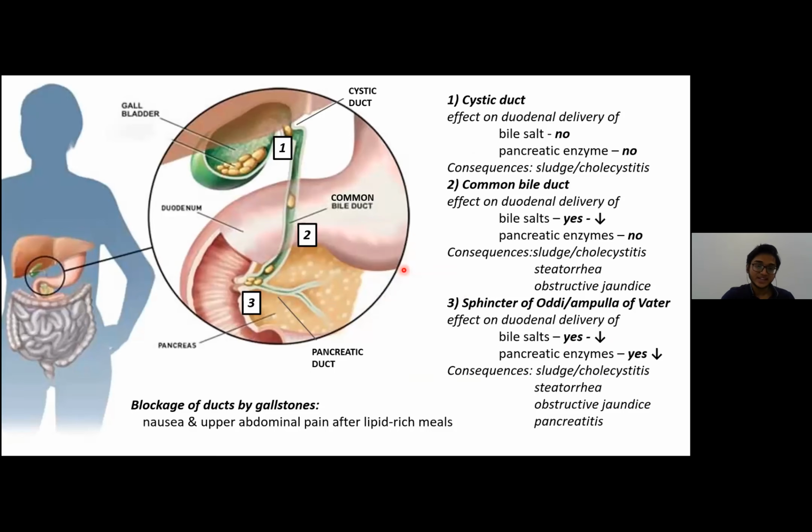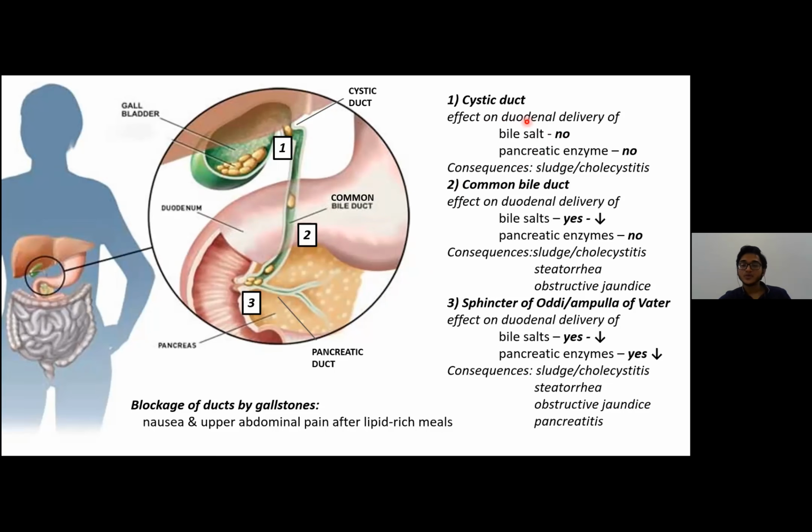This is the last slide. Now, depending on where the gallstone is stuck, the patient will present to you differently, okay? So if the gallstone is stuck here, bile from the gallbladder can't get up, but bile coming from the liver can easily get up and go into the duodenum.